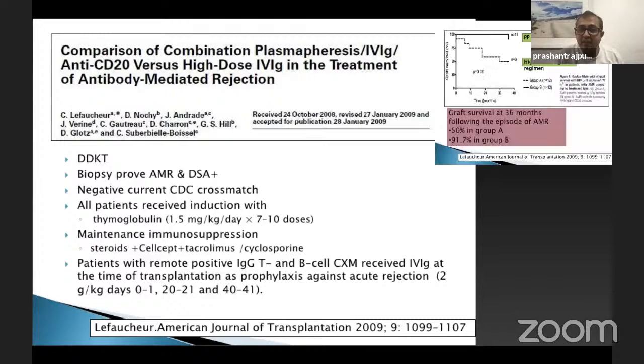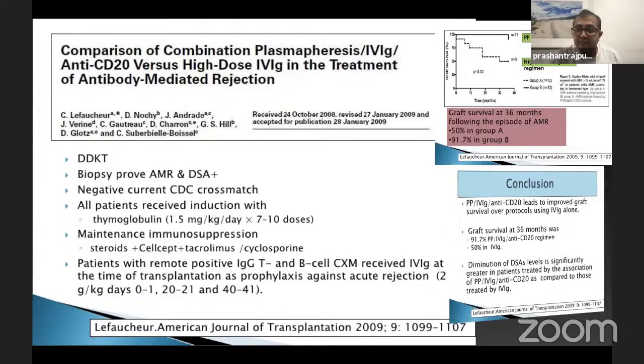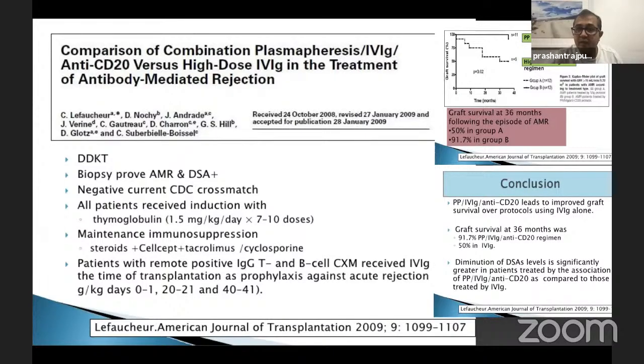So this was the basic outcome. The graft survival at 36 months was 91% in group B, which was the combination of plasma exchange, IVIG, and anti-CD20, and it was 50% in group A. The conclusions of the study: plasma exchange, IVIG, and anti-CD20 had a superior survival over IVIG alone.